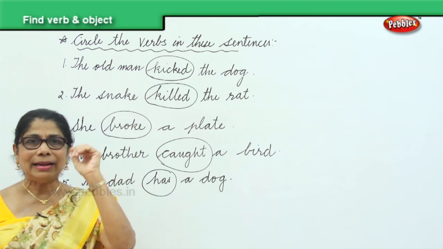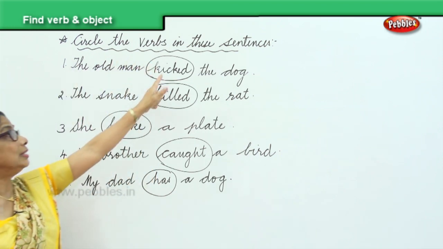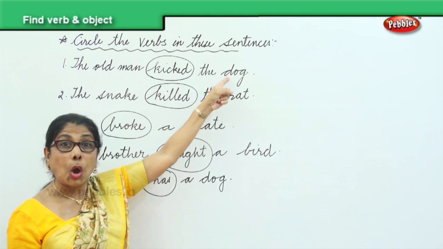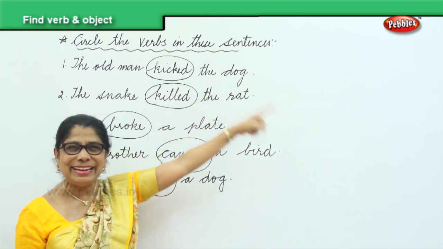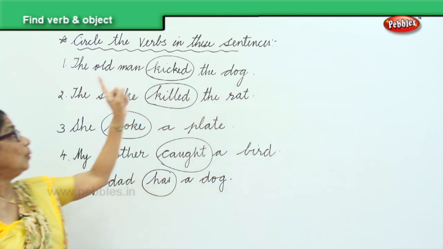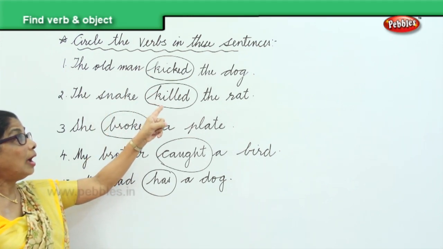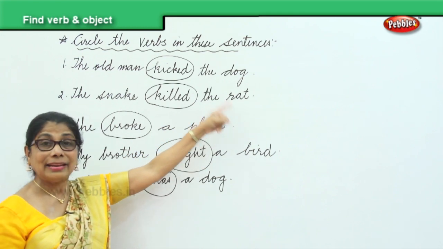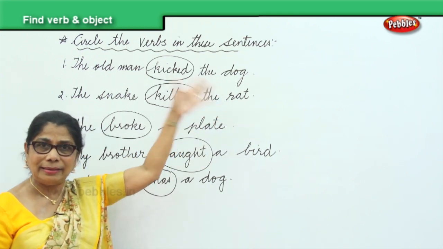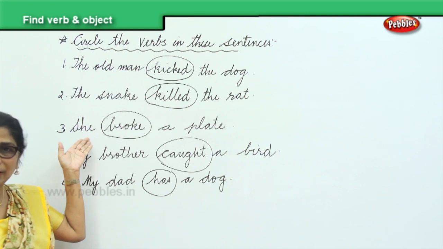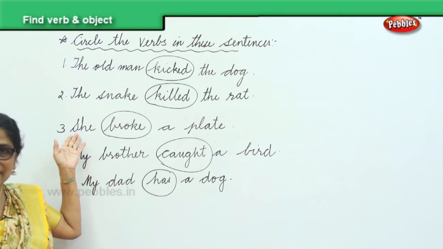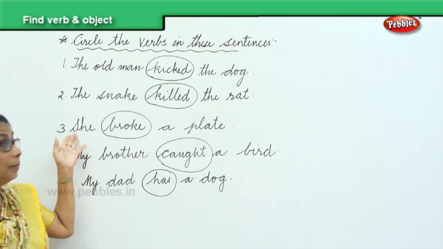Now, let's look at all these sentences, circling the verbs. What did we learn? A sentence has a subject, it's got a verb, and it's got an object. So something is done to the object. What is the subject here? The snake. What is the verb? Killed. What is the object here? Rat. What has been done to it? It's been killed. Now, what is the subject here? She. Where is the verb?